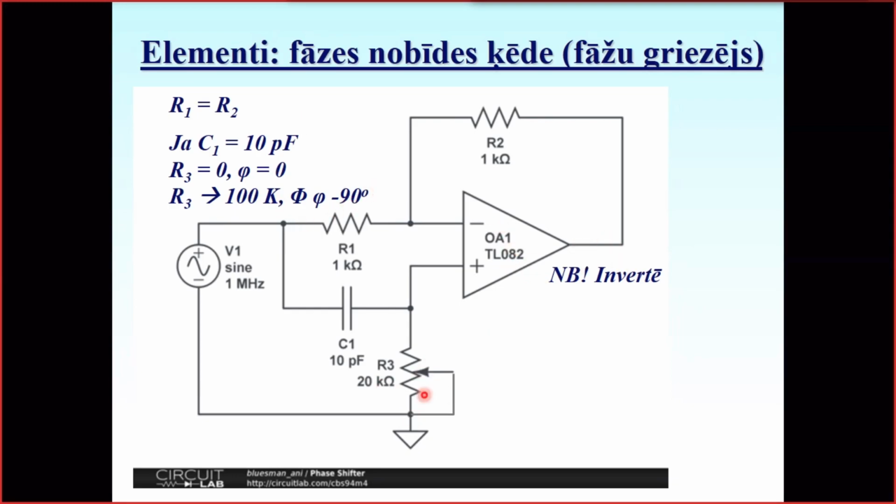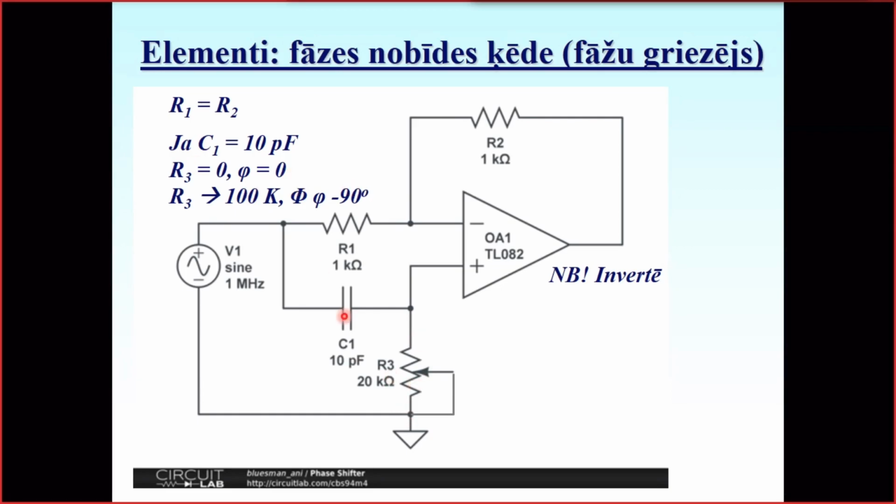It depends on the position of this resistor, of the potentiometer. If it is high enough, we get a maximal phase shift. If it's low enough, we get a zero shift. Or rather the opposite: when this effective resistor R3 is zero, the phase shift is zero.